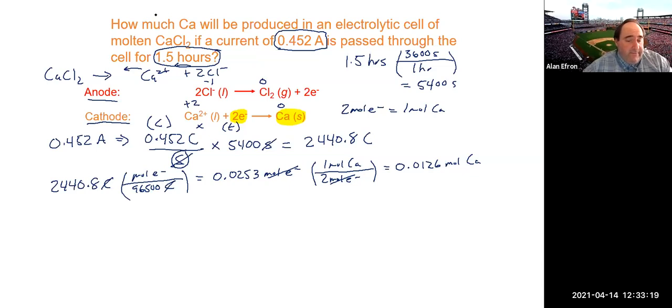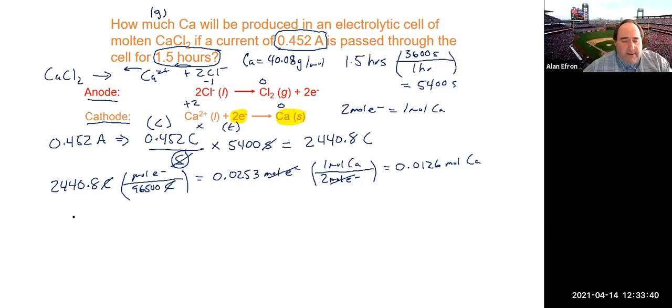We're close to figuring out how many grams of calcium we would actually produce. Since we have moles of calcium, to get to grams from moles, we go to the periodic table and find 40.08 grams per mole as the molar mass of calcium.